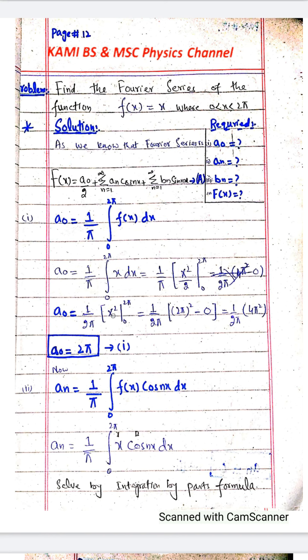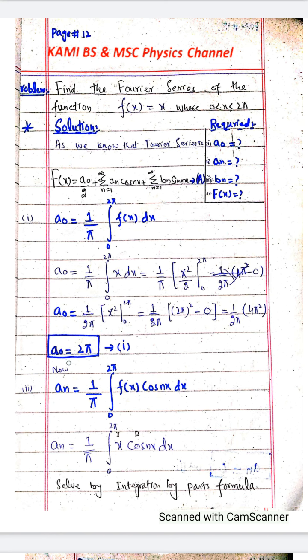First we put 2 pi, so 2 pi whole squared, minus 0. 2 pi squared is equal to 4 pi squared, so the 2 pi cancels with the 4 pi, so a naught is equal to 2 pi. This is my equation 1.